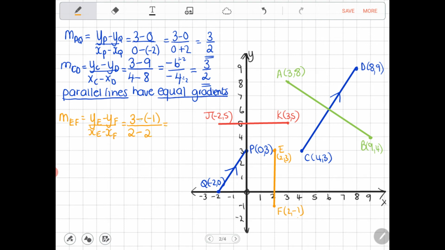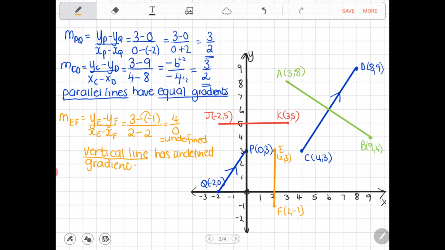So that gives me 3 plus 1, which is 4, over 0. Do you remember that anything over 0 is undefined? Why does this have an undefined gradient? Because the x's don't change. Your change in x is 0, and that is a vertical line. So a vertical line has an undefined gradient.